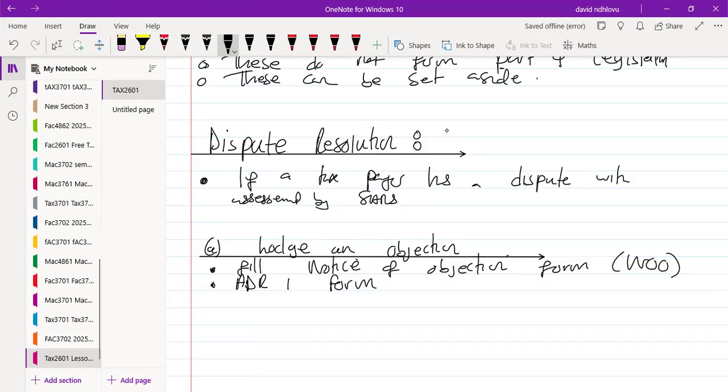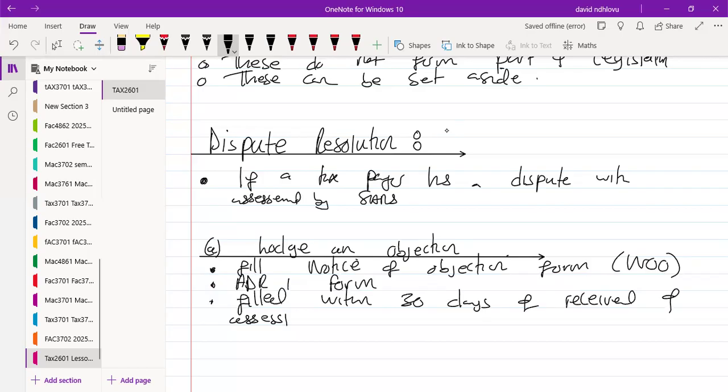This form must be filled in within 30 days of receipt of the assessment.